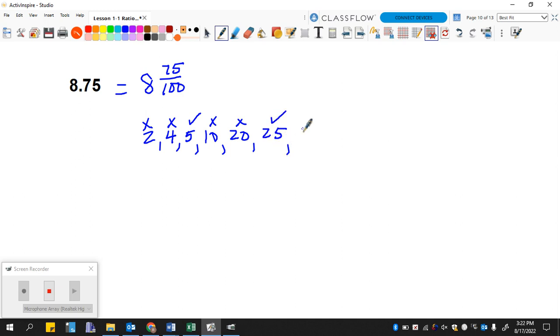And 50, no. So the largest one is 25. So we're going to divide by 25, divided by 25, and we end up with 8. We'll just bring that 8 over. 75 divided by 25 is 3. 100 divided by 25 is 4.